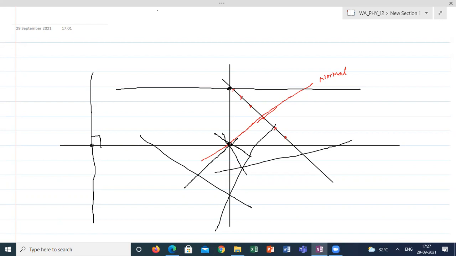But the common point is that if you draw the normal for any line, all the normals will pass through the origin. Suppose I take four lines here; all four normals will pass through the origin. You can draw a line in any position, but the normal always passes through the origin.